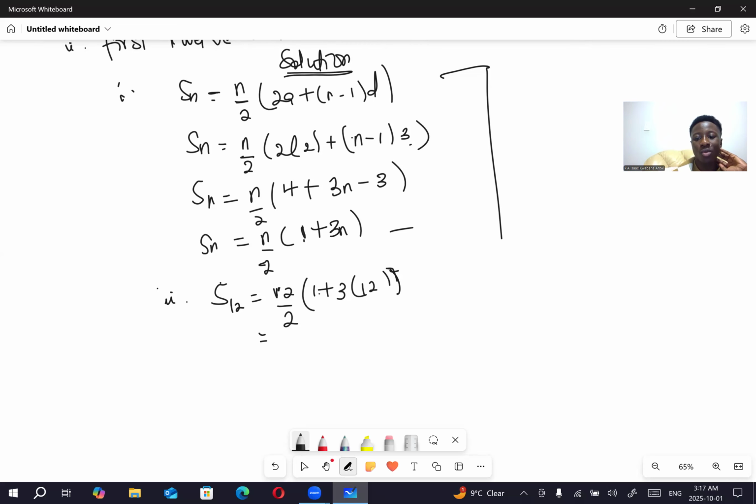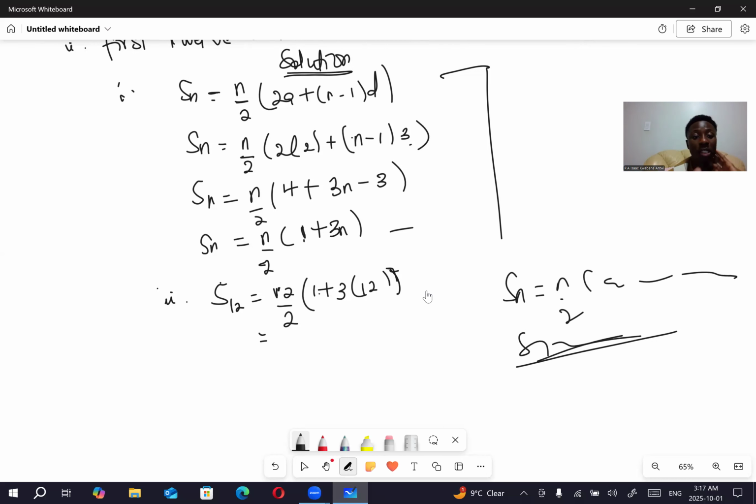You don't have to write the sum of n is equal to n over 2 into bracket a plus n minus 1 d, then S12 is equal to, you are wasting your time. If you use stage 1 properly, it has compressed everything for you: n over 2 into bracket 1 plus 3n. So just substitute and go your way.